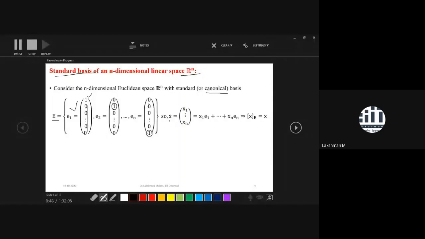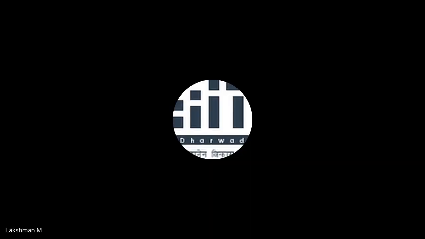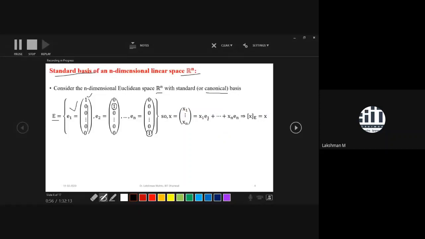E1 means what? The first coordinate is 1 and the rest of the coordinates are 0. And E2 means the second coordinate is 1 and the rest of the coordinates are 0.